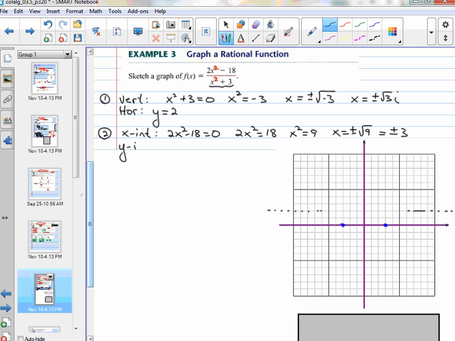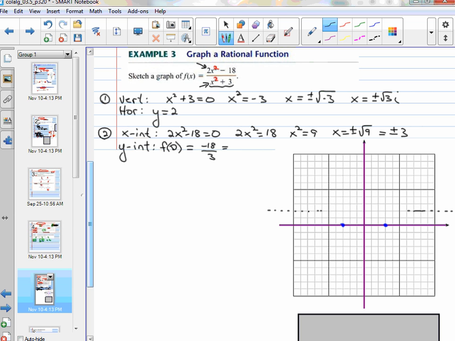Going to get the y-intercept. We find the y-intercept by making the x 0. So what I'm doing is f of 0. We're putting a 0 into this equation. If I put a 0 where the x is, I get a negative 18 on top. If I put a 0 where the x is, 0 plus 3 is 3.